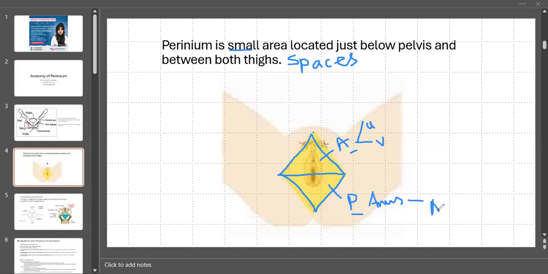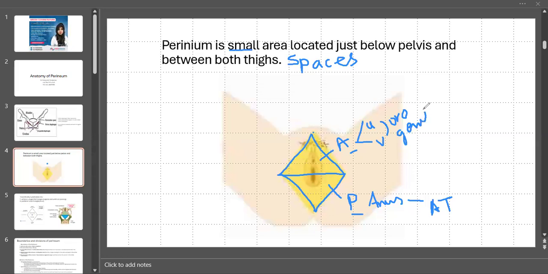the anal triangle, and the anterior one, again by using the names of these two openings, you will call it the urogenital triangle. Uro coming from the opening of the urethra, and genital is coming from the opening of the vagina. That's all.